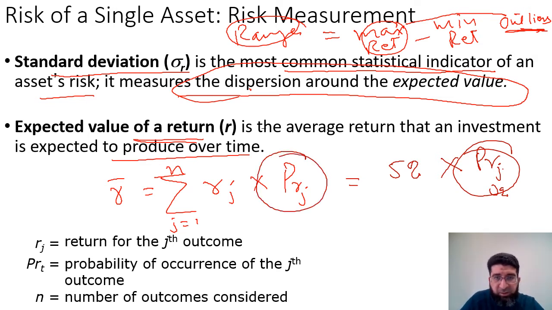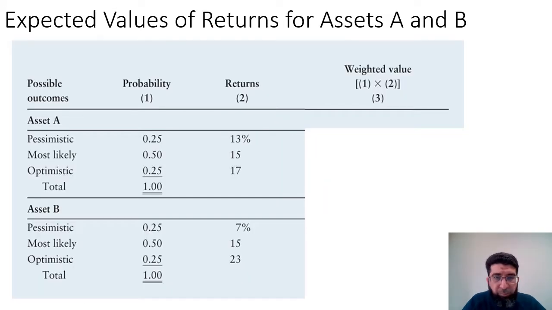Let's look at this example again. We have been given probabilities and returns, and we are going to calculate the weighted value, which is when we multiply probability with the return. Asset A has 0.25 multiplied by 13%, that gives us a value of 3.25%.